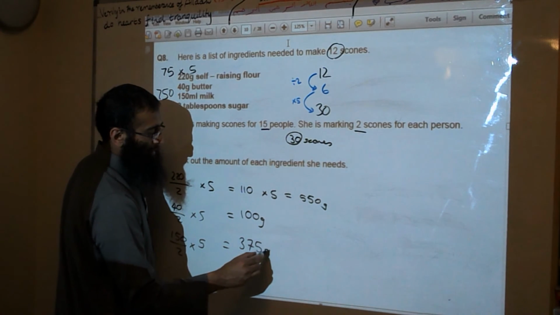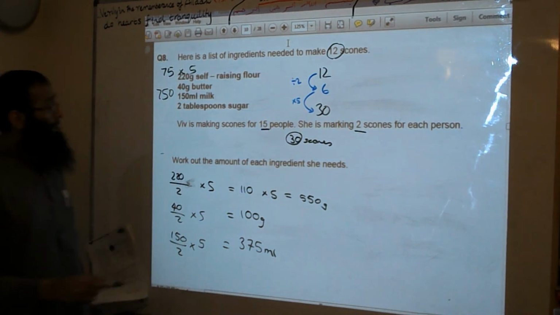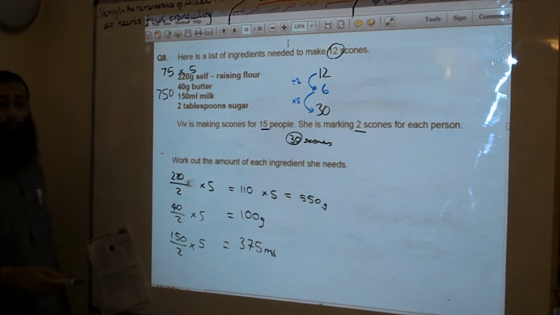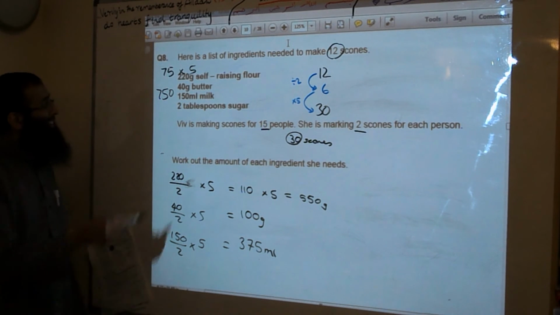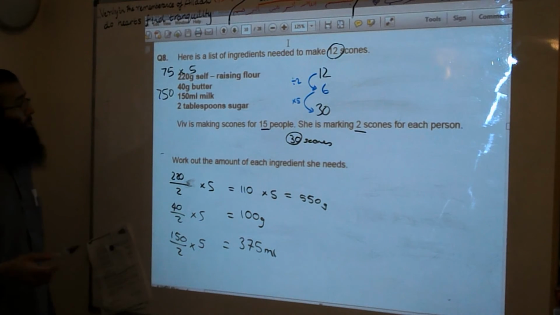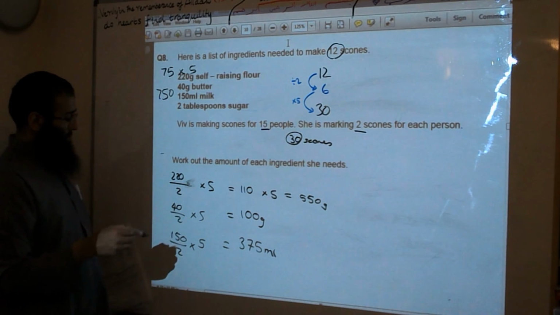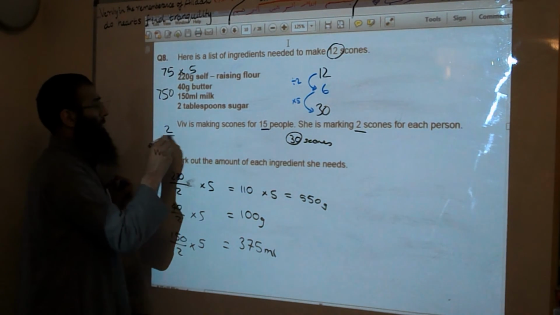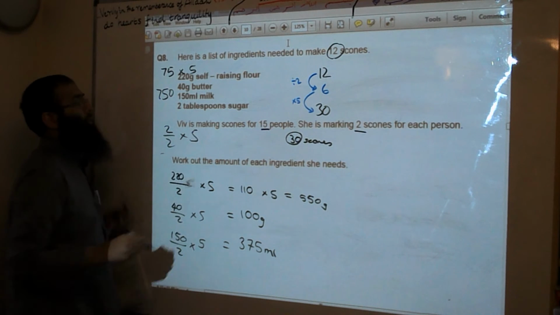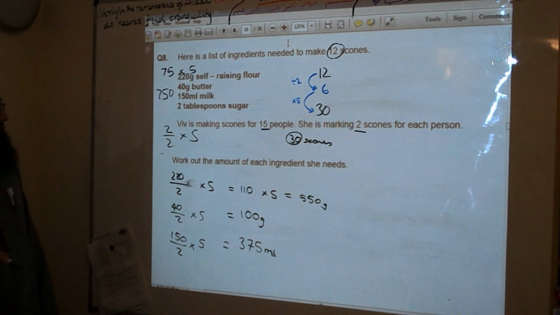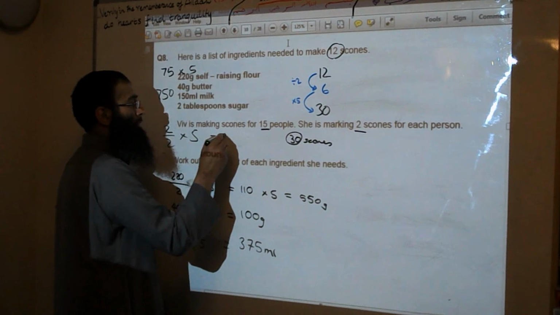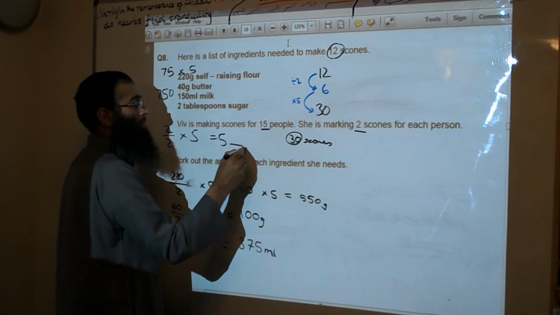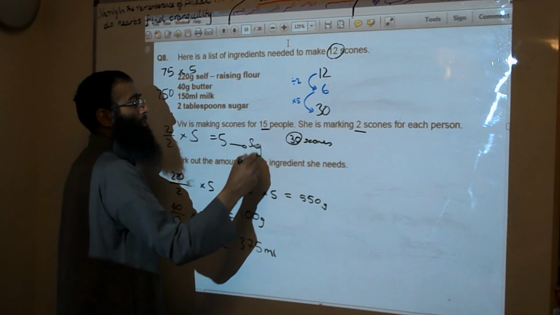It's milk, milliliters. 2 tablespoons of sugar. Okay, 2 tablespoons, we do 2 divided by 2 times by 5. 2 divided by 2 times by 5 is 5. 5 spoons of sugar.